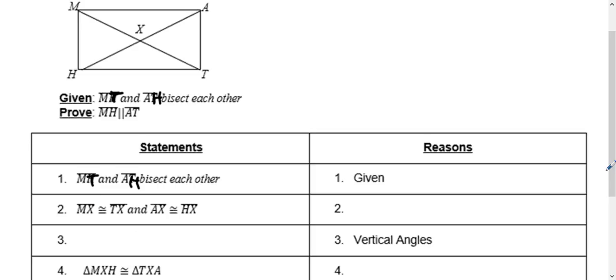That means that MX and TX are congruent, and AX and HX are congruent, because bisect means they cut each other in half, two equal pieces. Definition of bisect.